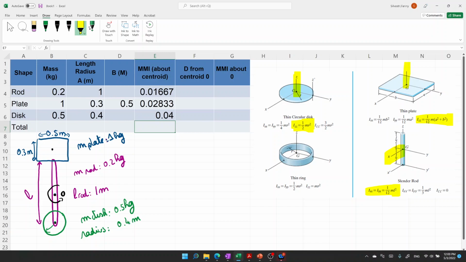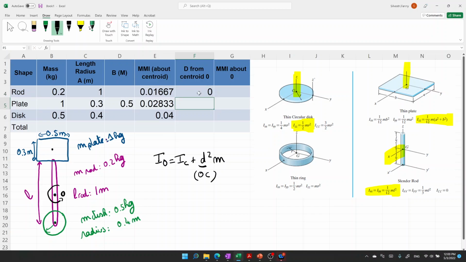Now for the theorem of parallel axes. Remember the theorem of parallel axes? I at O is equal to I at the centroid, or CDG, the center of gravity, plus the distance square times the mass. And this distance is between O and C. That will be different for each of them. So for the rod, we already have the value at the centroid, so the distance is 0.